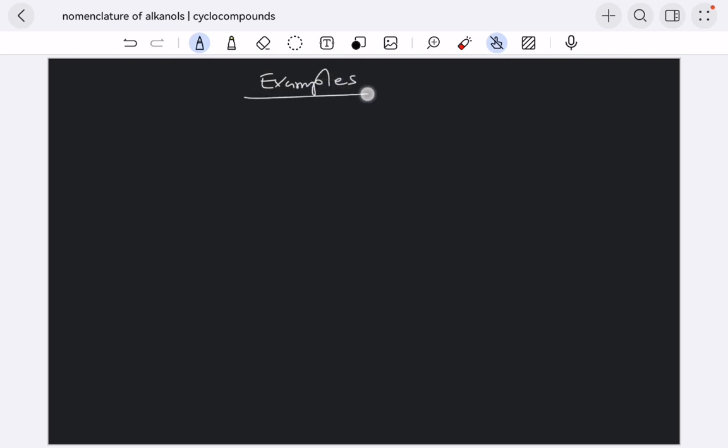So we'll say, name the following compounds.